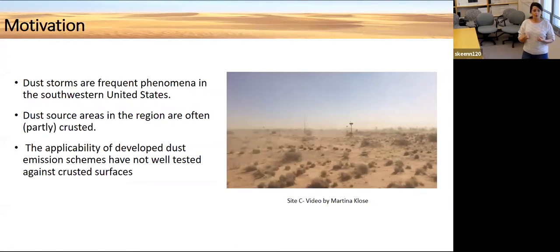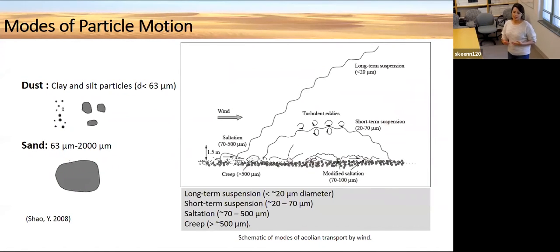But the problem is that our area is partly crusted, and most of these schemes have been tested against data sets that are mostly sandy soils, and they haven't been well tested against crusted surfaces. So this is why we decided to work on our area.